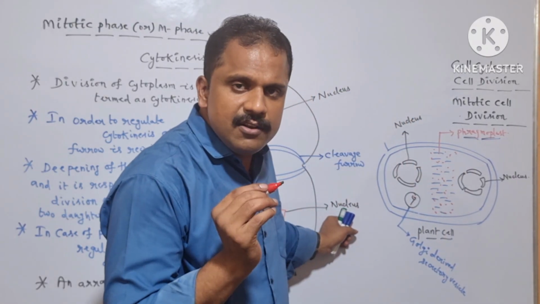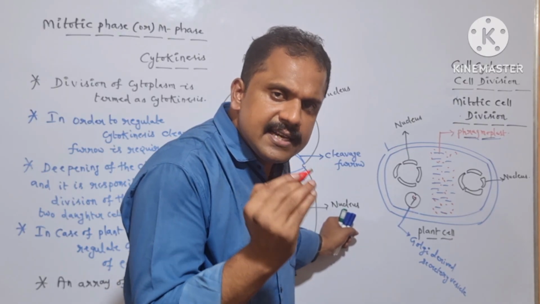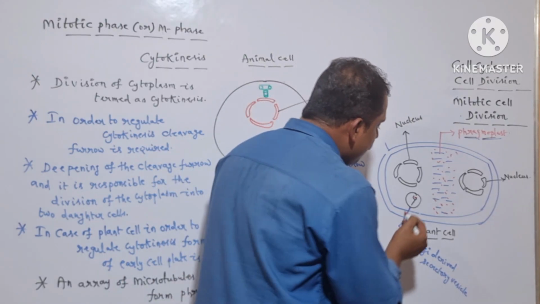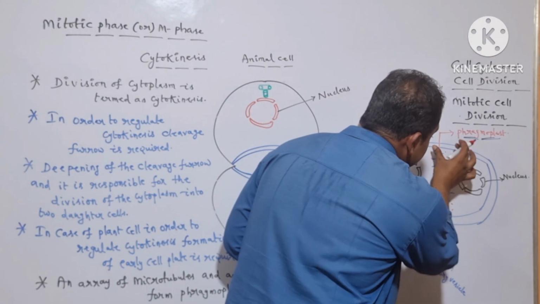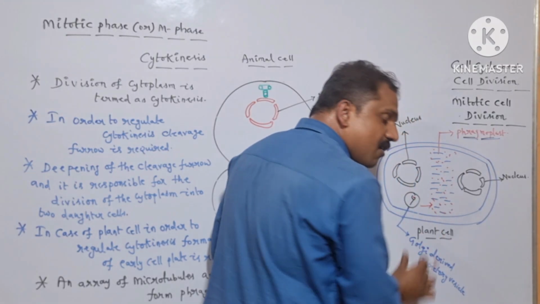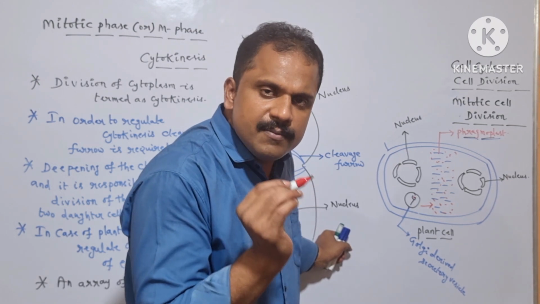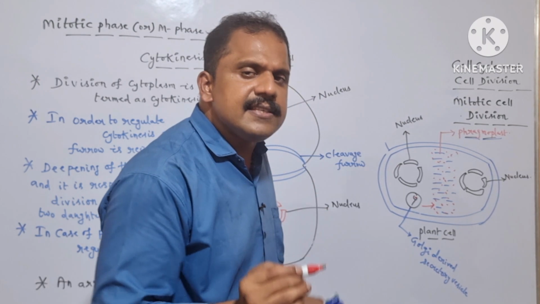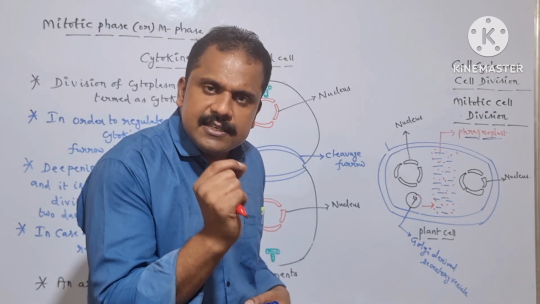The cellulose synthesized within the Golgi apparatus is packed within the Golgi derived secretory vesicle, and the vesicle integrates with the phragmoplast. Fusion of the Golgi derived secretory vesicle with the phragmoplast is responsible for the formation of the early cell plate. Is it clear? This is the cytokinesis mechanism which occurs in the plant cell.